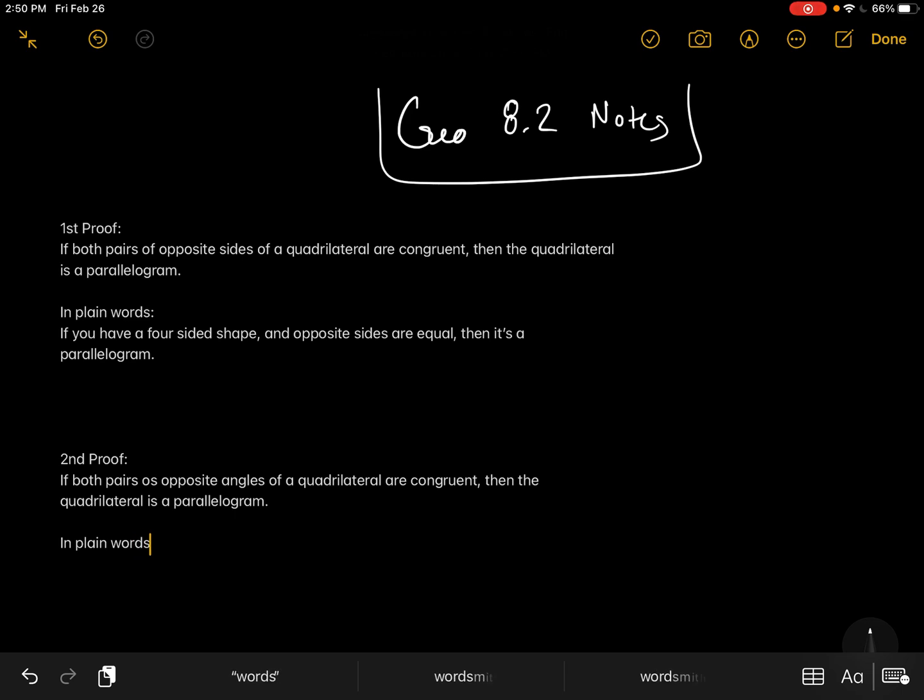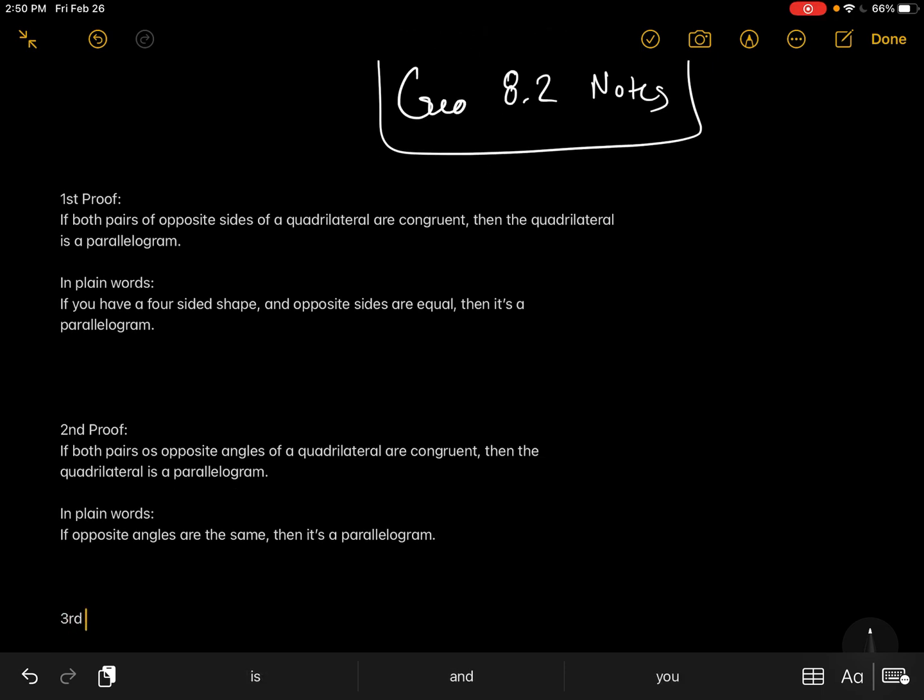In more plain words, what this is saying is that if opposite angles are the same, then it's a parallelogram. So if you can prove that angles across from each other are equal to each other, then you also have proved that it's a parallelogram. It proves both of those things.